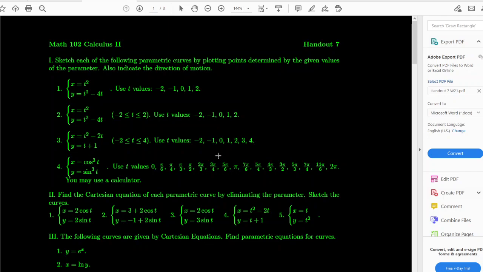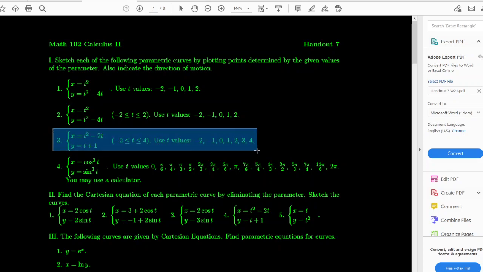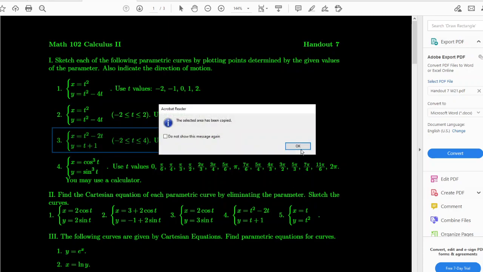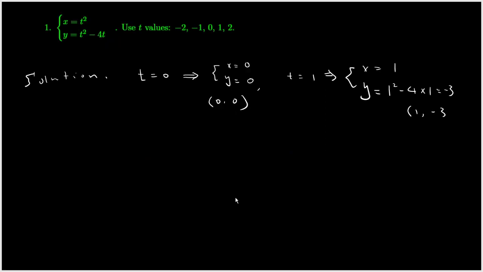Now we look at the third curve, question 3. I'm going to copy question 3 to PowerPoint.